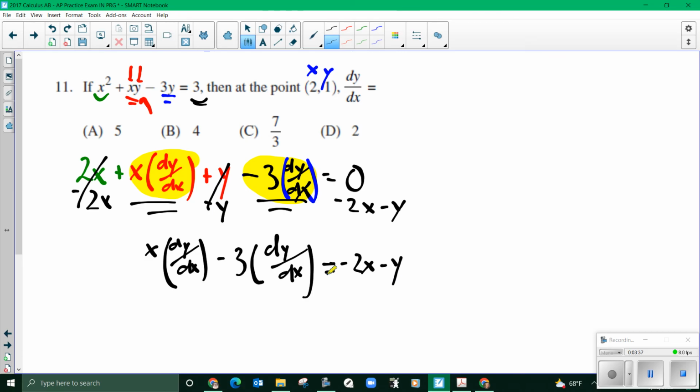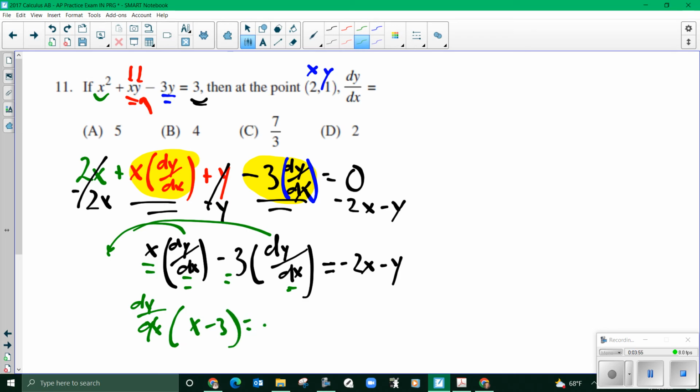All right? Now, I said I was going to factor these out. So I've got dy/dx, and what's left after I factor them out? Well, I have my x and my minus 3, equals negative 2x minus y.